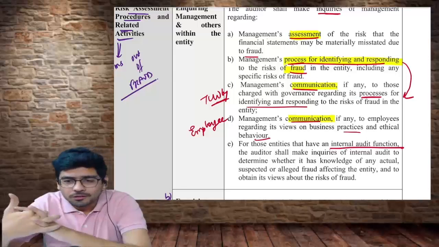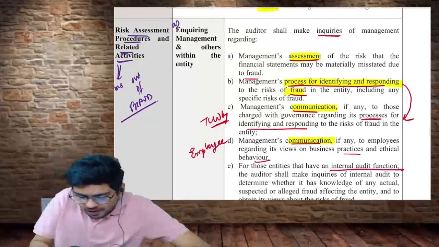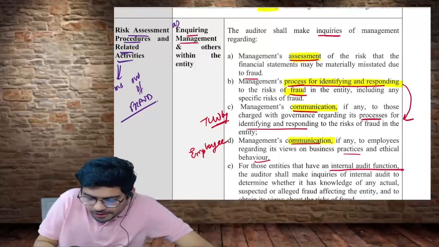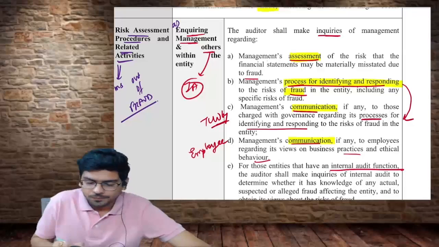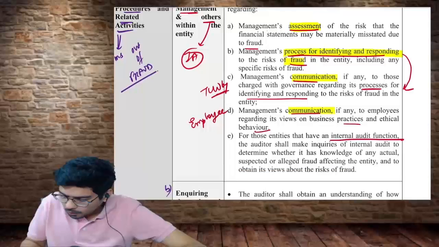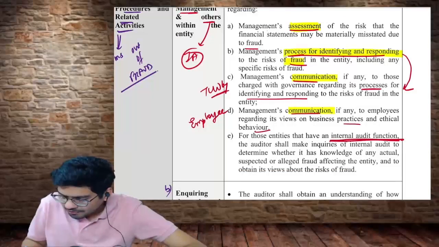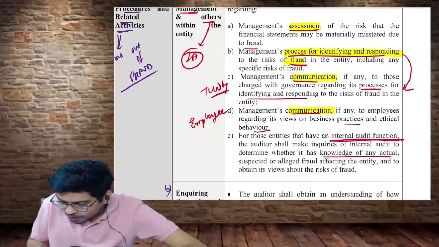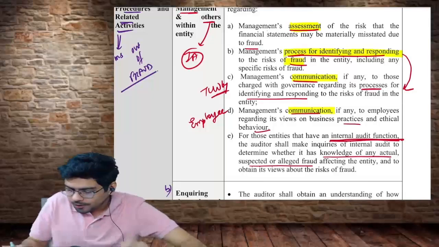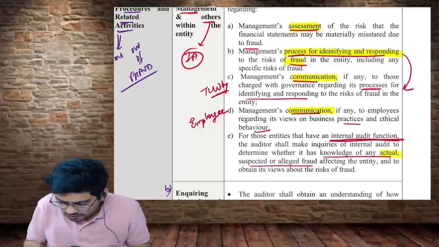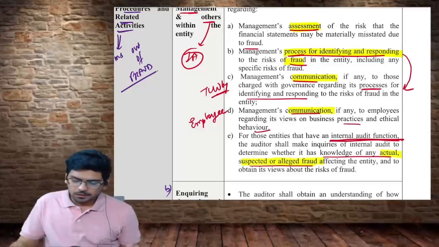Yes or no? So, as an auditor, the heading says we are going to inquire management and others. By others, I mean internal auditors. So, you are also going to inquire from the internal auditors whether they have knowledge of any actual, suspected or alleged fraud.